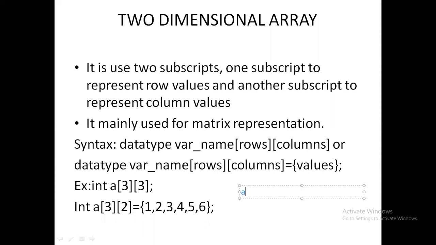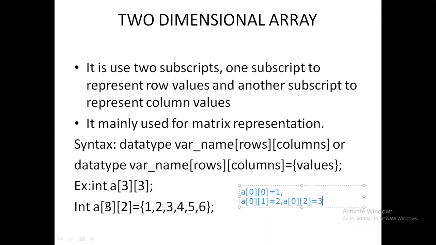In this example, a of 0, 0 is equal to 1. Next, a of 0 comma 1 will be initialized to 2. Next, a of 0 comma 2 will be initialized to 3.